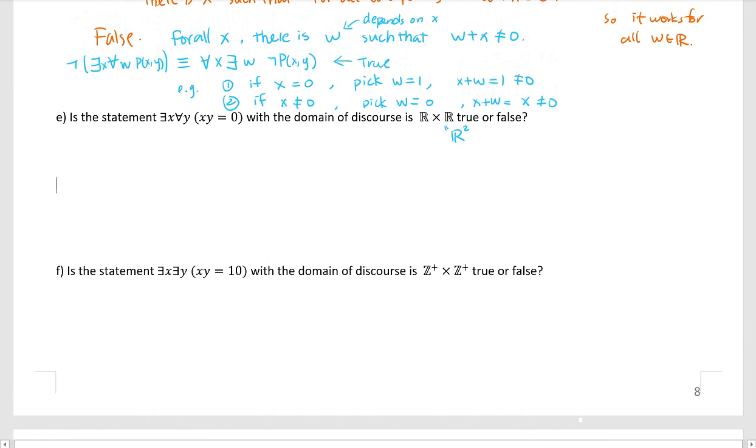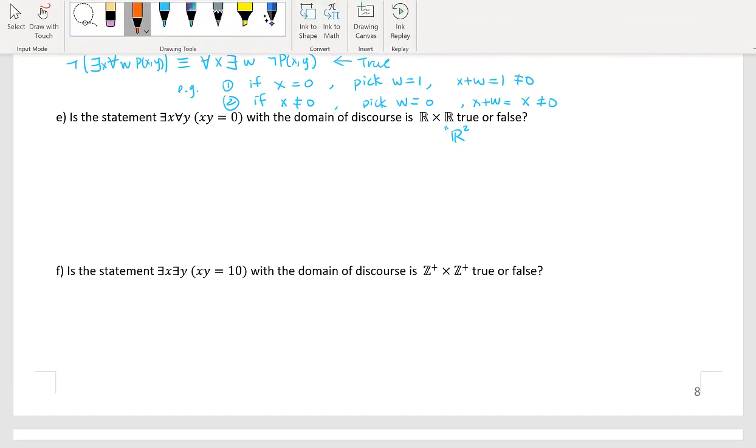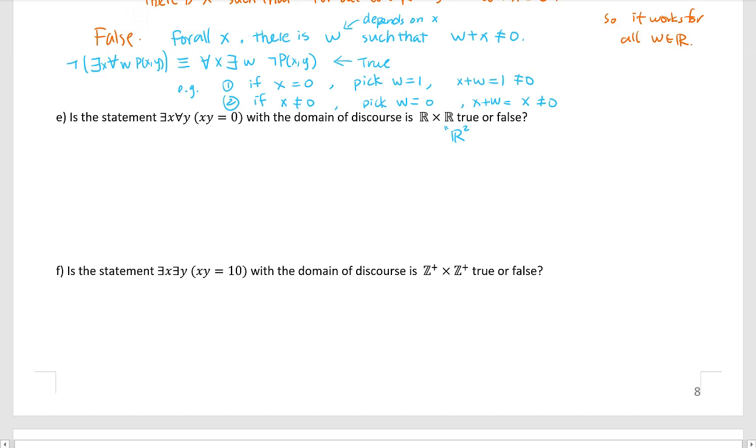There is x for all y, x times y is 0. Is this true? Can we find an x value such that xy is 0? It works for all y? Yes. Do you know what it is? Yes, that is the 0, right?